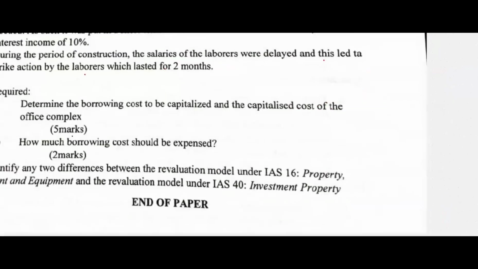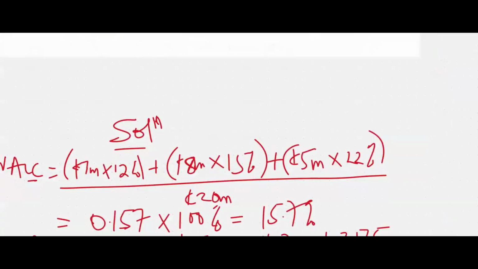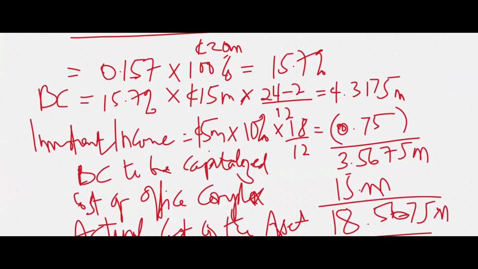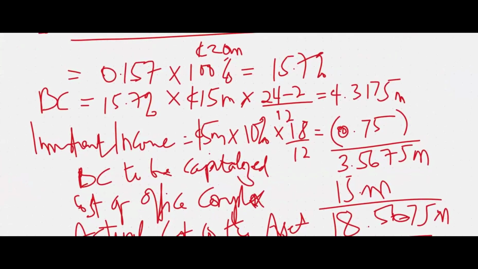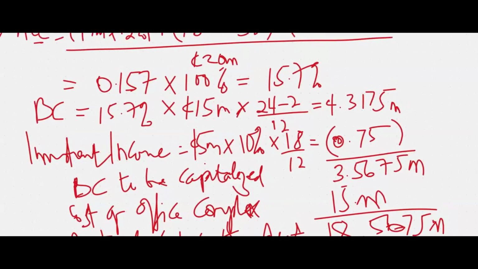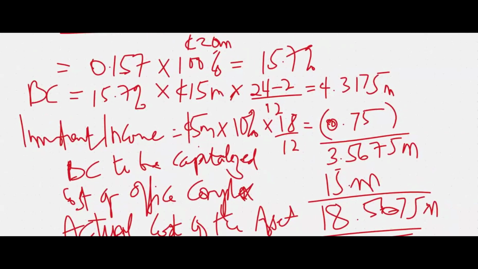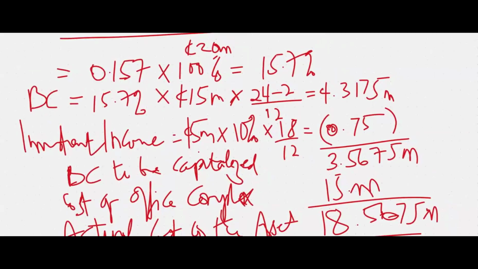No, it shouldn't be negative. Where did we make it wrong? Your 5 million at 10%, 18 over 12, right? 0.75. Is that correct?